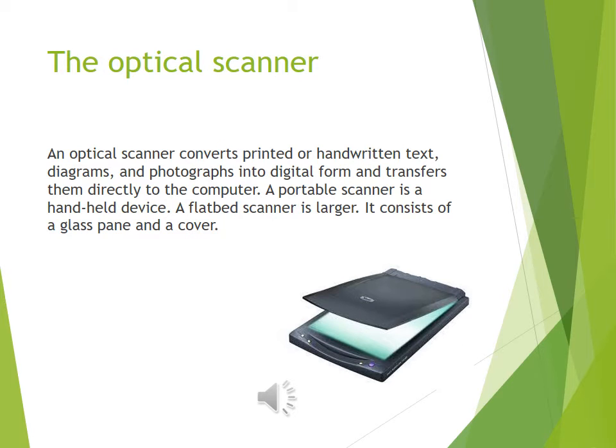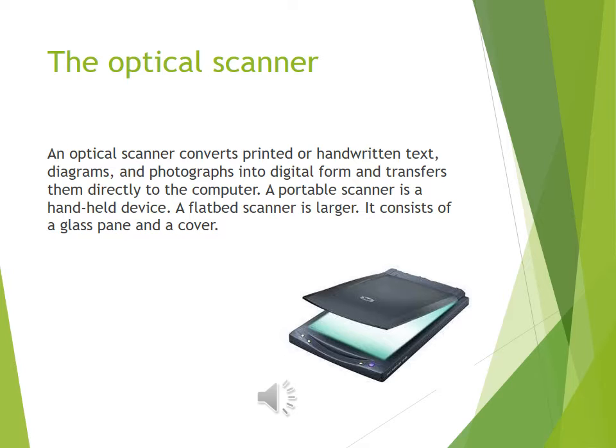The second device is the optical scanner. What is an optical scanner? An optical scanner converts printed or handwritten text, diagrams, and photographs into digital form and transfers them directly to the computer.